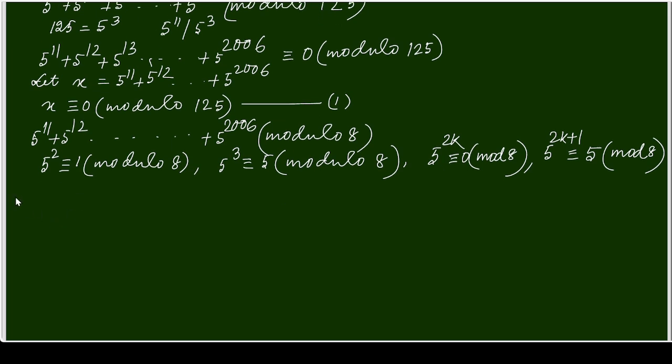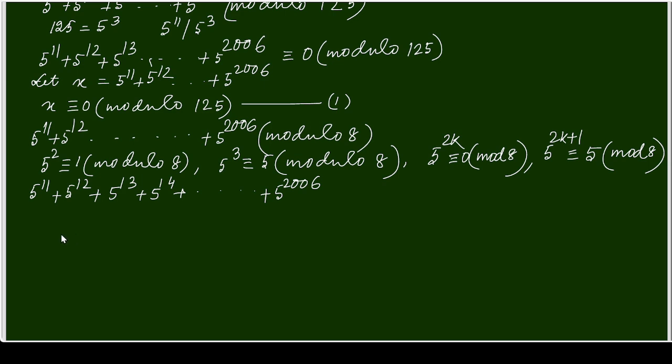So now 5 to the power 11 is an odd power here, then even, then odd, then even. It goes on up to 5 to the power 2006. So at odd powers I get 5 modulo 8, and at even powers I get 1 modulo 8.